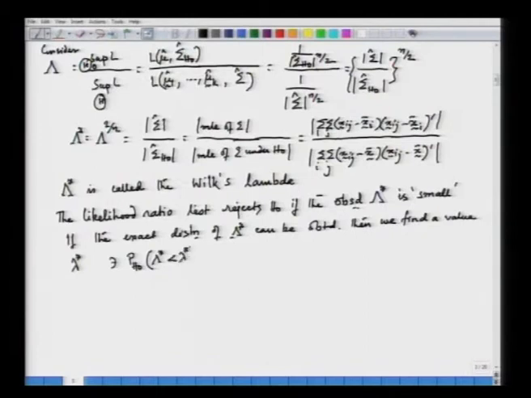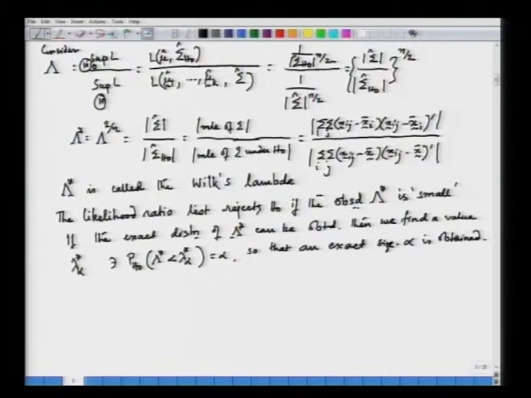The probability of rejection under the null hypothesis should be equal to alpha, if we have decided on the level of significance as alpha. Thus we can find this value such that the probability is equal to alpha, so that an exact size alpha test is obtained.